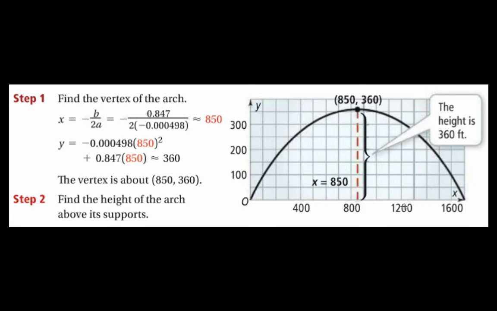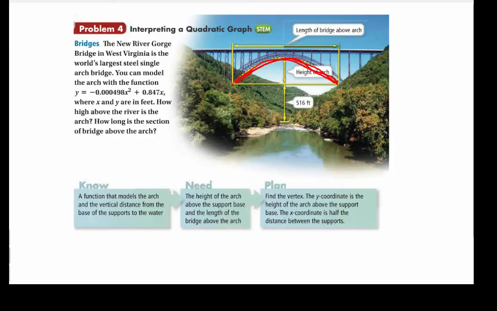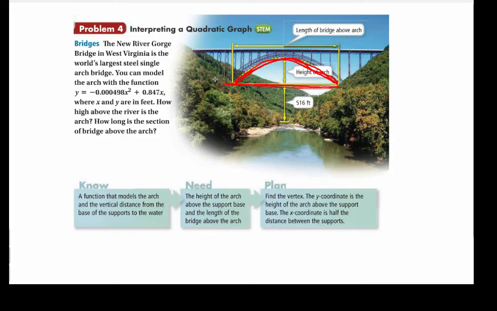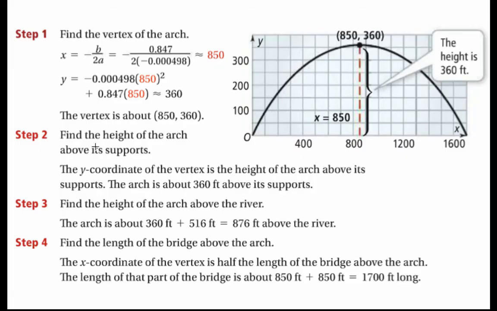And this x-axis, if I go back to my picture, is basically running right here, the horizontal distance between the support bases, where the supports are anchored into the ground. So we find the height of the arch above its supports, and that's the y-coordinate above the x-axis, 360.